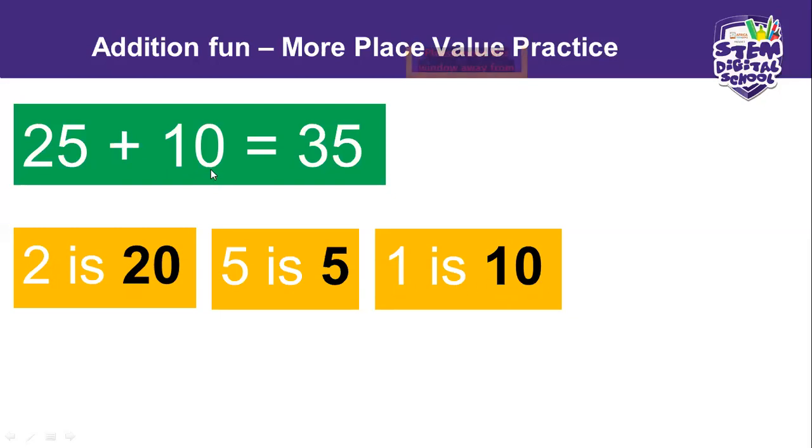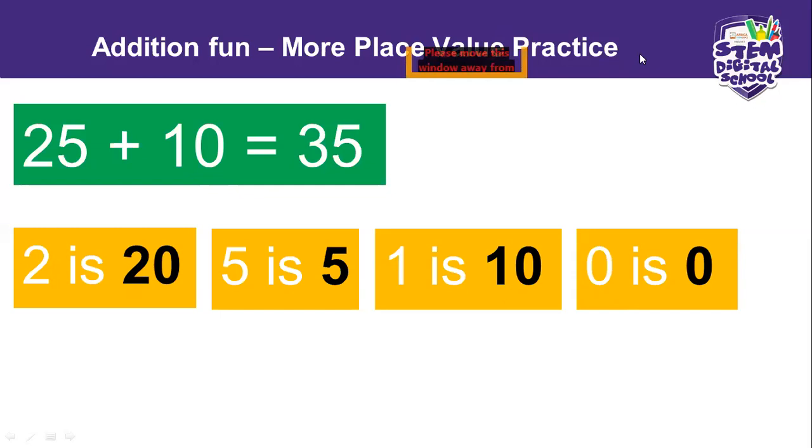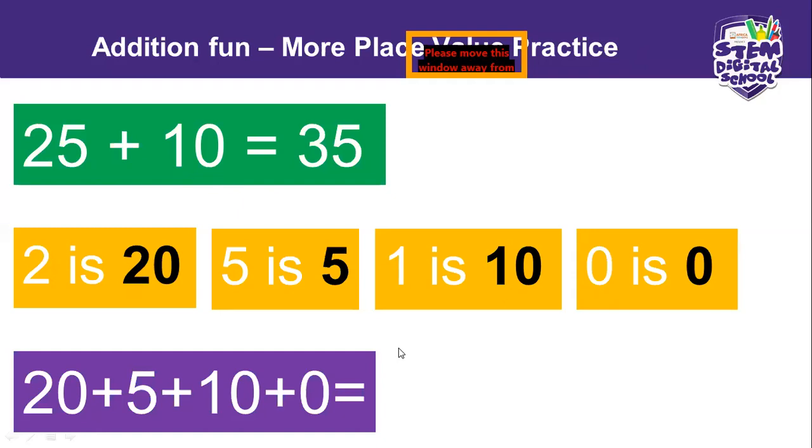And the 0 there doesn't change, it becomes 0. When we want to add everything up to prove the answer, we've got the 20 plus the 5 plus the 10 plus the 0. That is your 25 plus 10, which is 35.